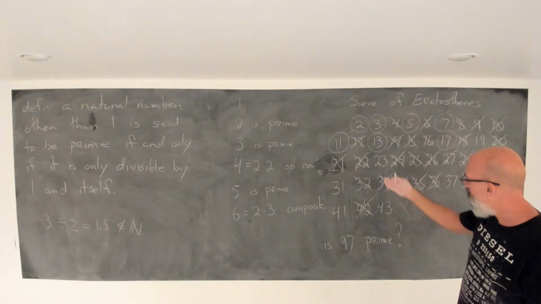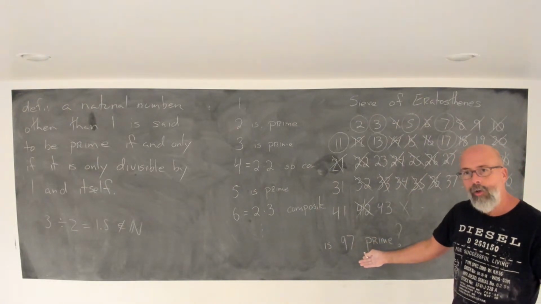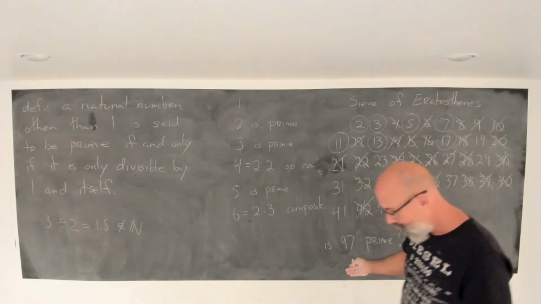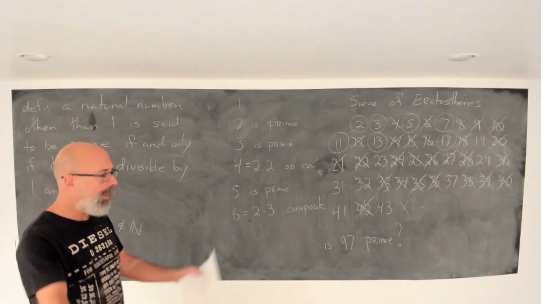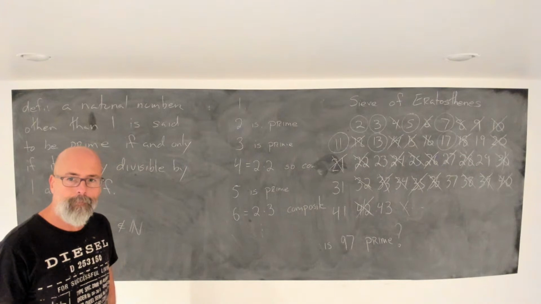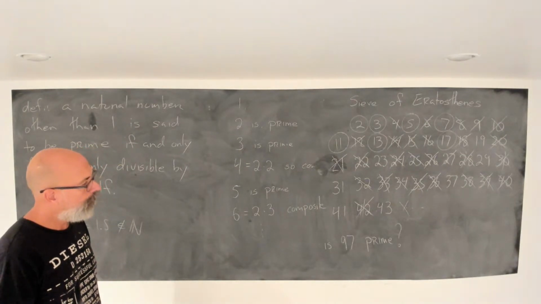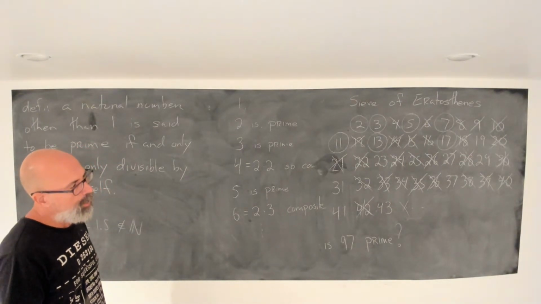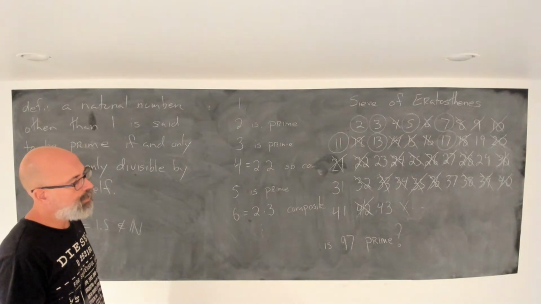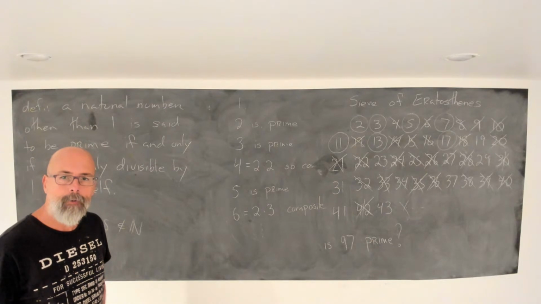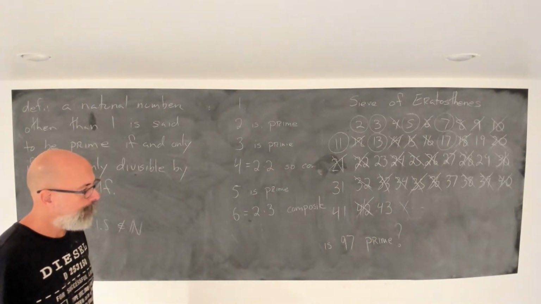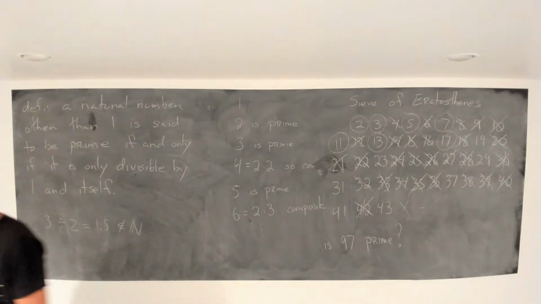So, I mean, you understand that this is going to be quite a long process, but at least it's going to give you the answer. The question arises, is there a faster way? And the answer is yes.